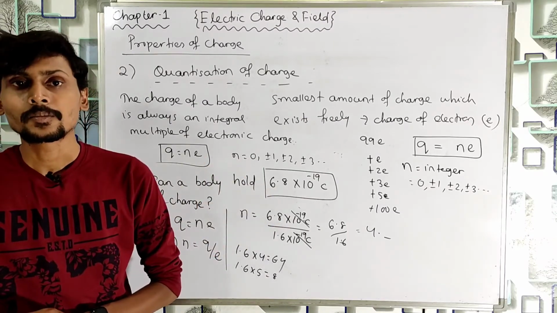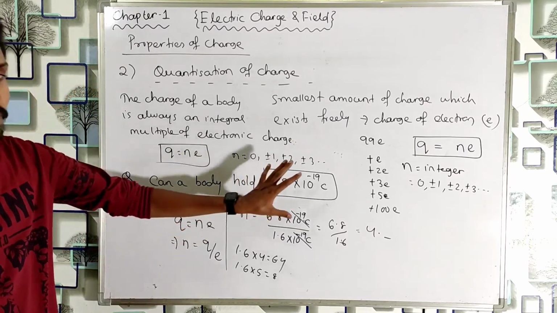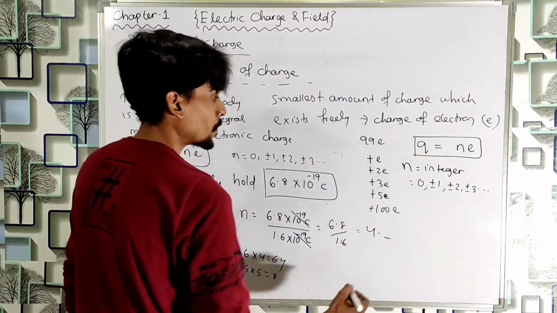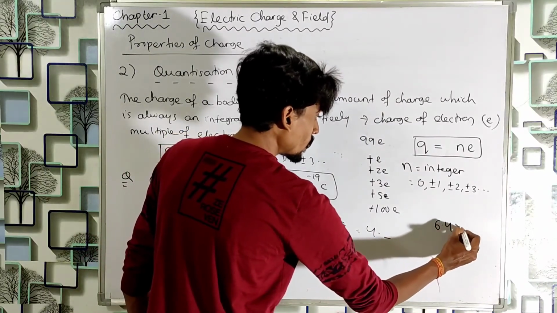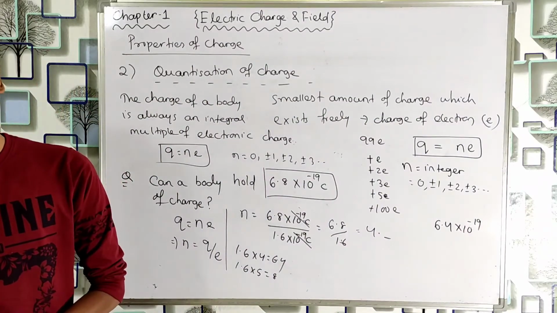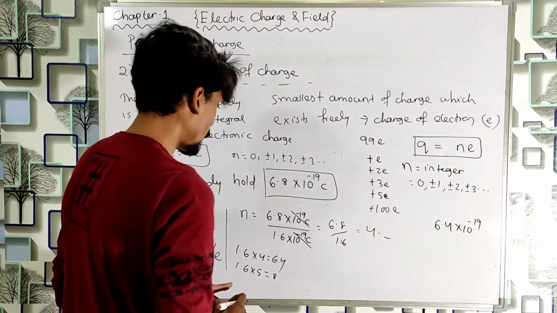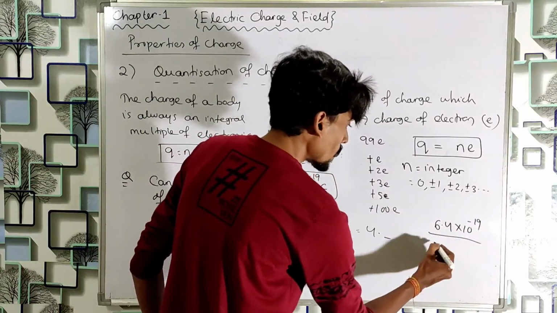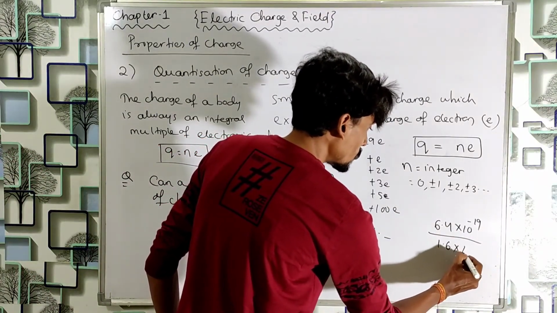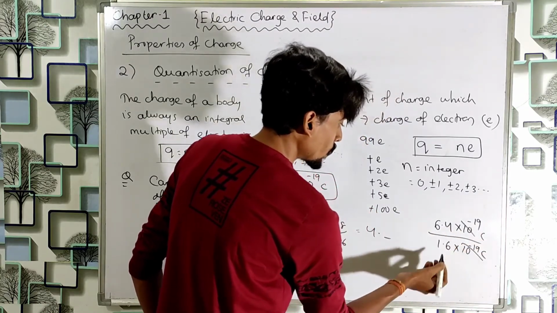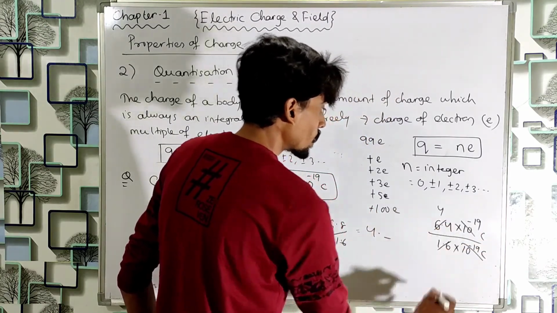Since n is not an integer, it is not a whole number, so a body can never hold this amount of charge. If instead I ask whether a body can hold 6.4 into 10 to the power minus 19 coulomb, then the answer will be yes, because n is 6.4 by 1.6, which is 4.